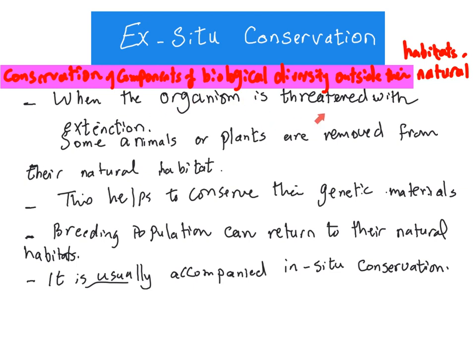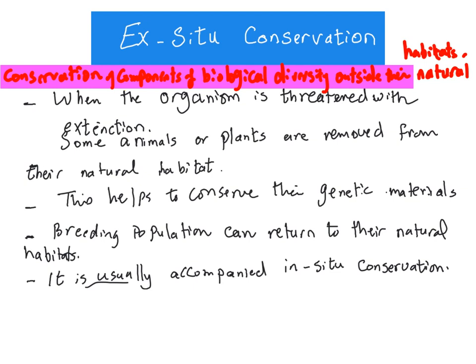When the organism is threatened with extinction, some animals or plants are removed from their natural habitat. And then they will be kept in a place like zoos or seed banks, and this helps to conserve their genetic materials. At least we are keeping what we have. We are not going to lose the genetic diversity that we have so far.